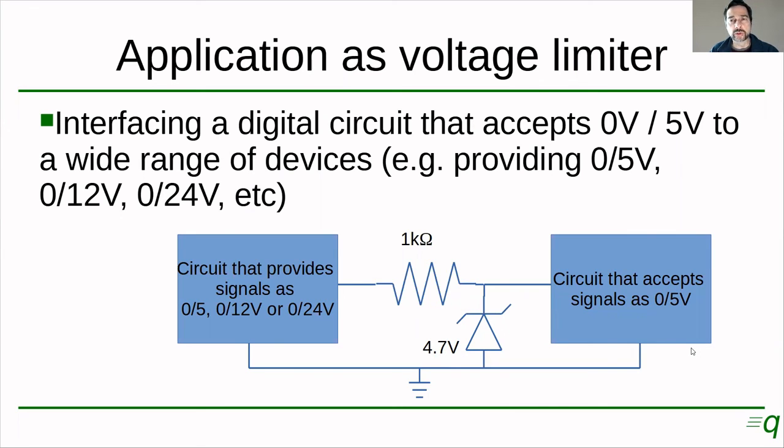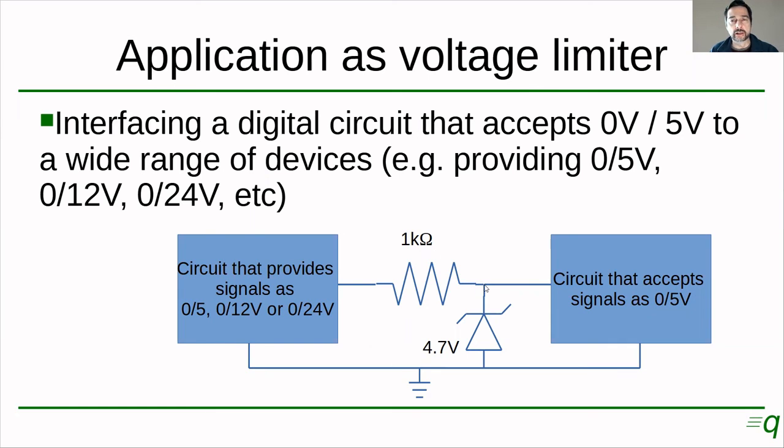So let's assume we want to interface this with another circuit that is not known yet, right? Because we want to provide an interface to a wide variety of circuits, right? And this circuit provides, for instance, 5 volts, 12 volts, or maybe even 25 volts as a representation of a binary 1.